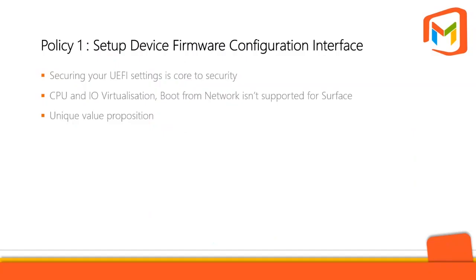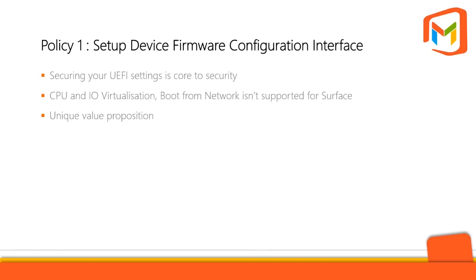So once we have those groups built, the next step is to start looking at our policy. So the first policy I always develop for Surfaces currently is the device firmware configuration interface policy. This is the policy that lets you control what happens with the UEFI.